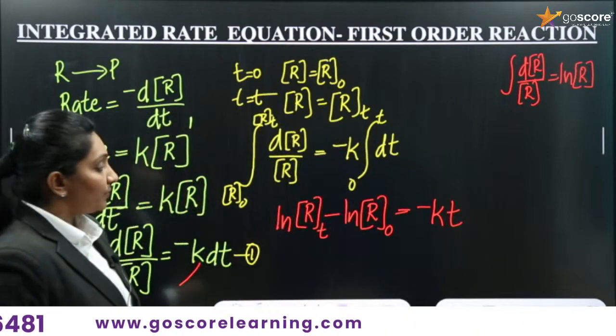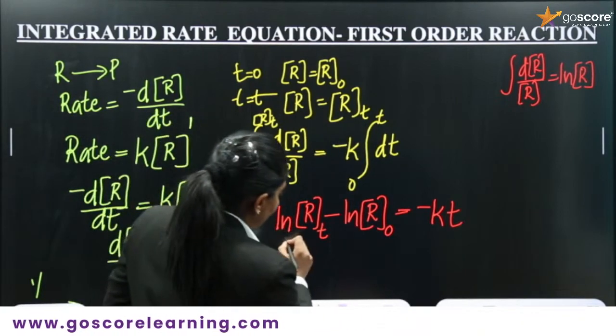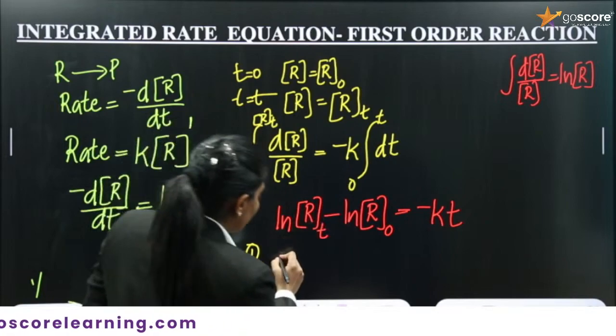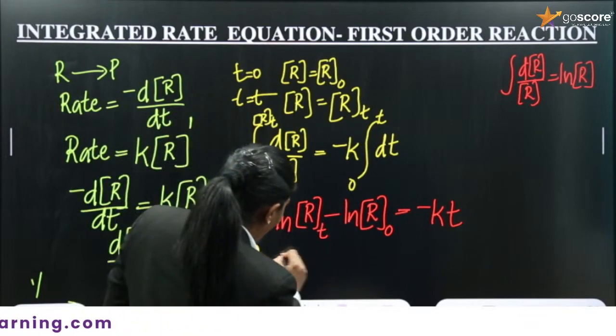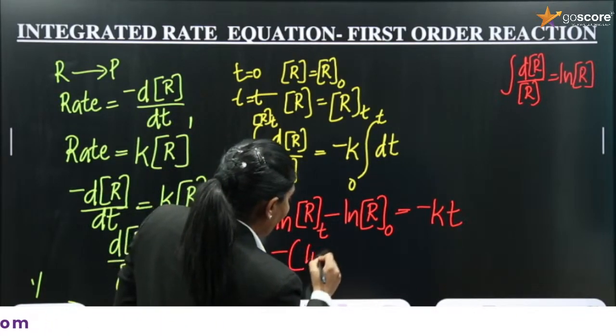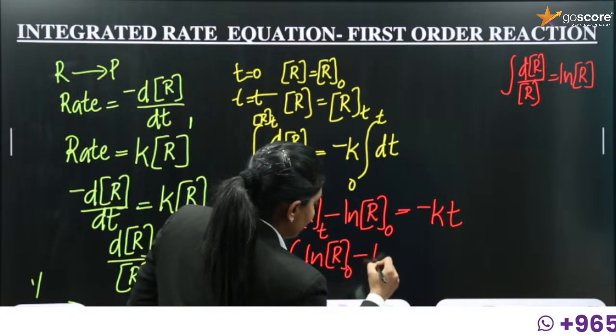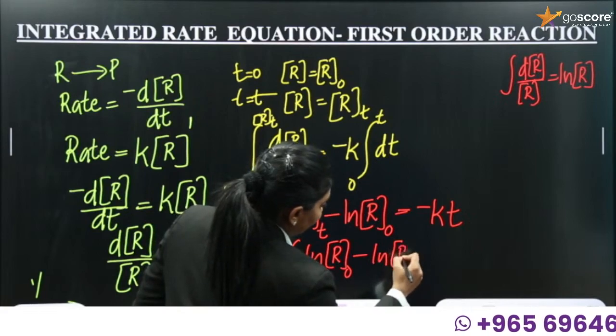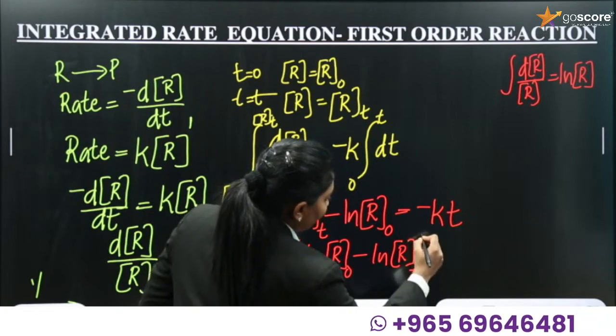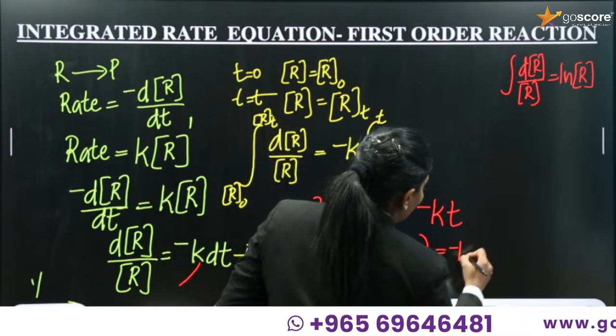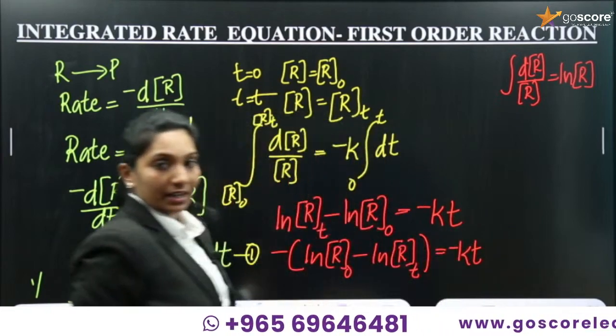Isn't it? So, keep in mind this equation. When you rewrite this equation by taking the negative side out, minus ln r0 minus ln rt is equal to minus kt, right.